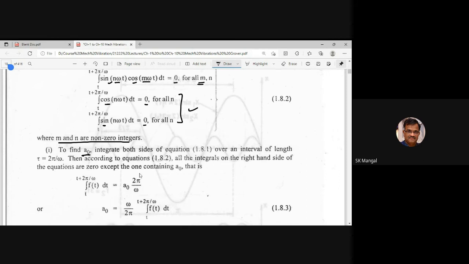In this case, let me write f(t) again here: f(t) is equal to a naught plus summation of n equal to 1 to infinity of a n cos n omega t plus b n sin n omega t.